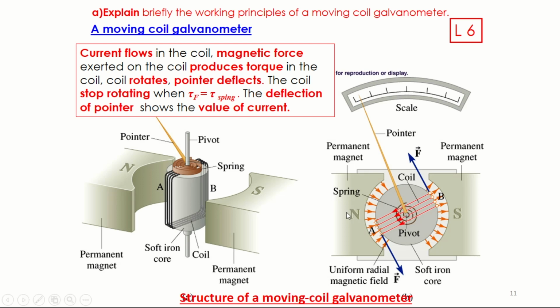Here we have a magnet, the coil of wire, the spring up here, the pointer, and here is the scale.